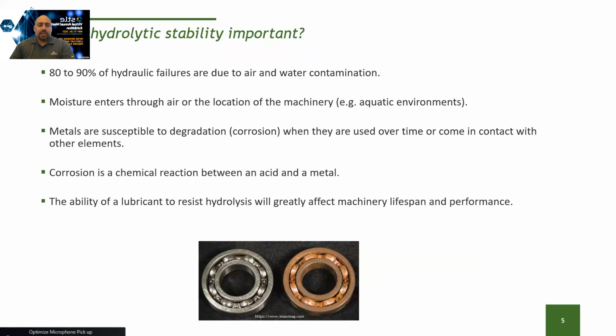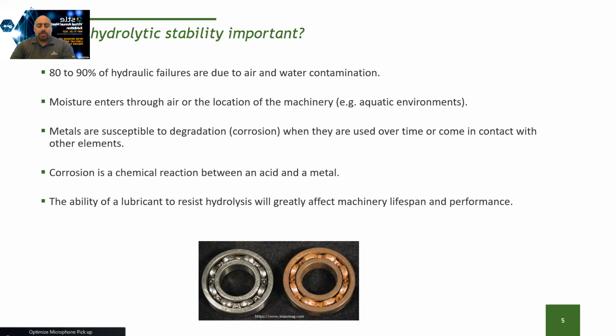Hydrolytic stability, why is it important? Well, 80 to 90% of hydraulic failures are due to air and water contamination. How this contamination occurs is moisture enters the equipment, and eventually there's a chemical reaction that happens at the metal surface. This chemical reaction is called corrosion, and it happens over time when they come in contact with other elements.